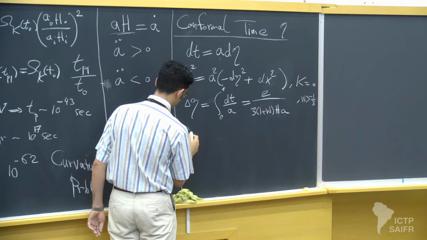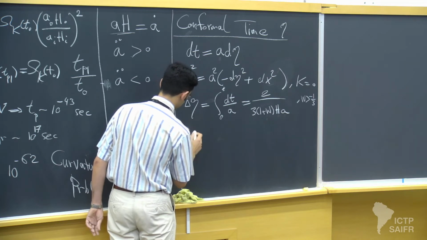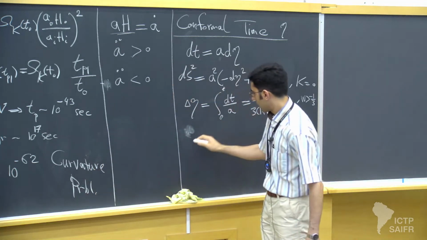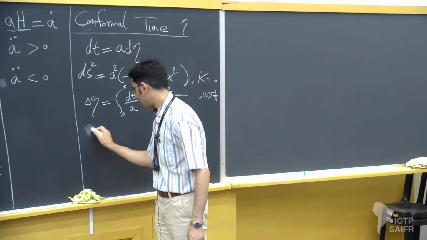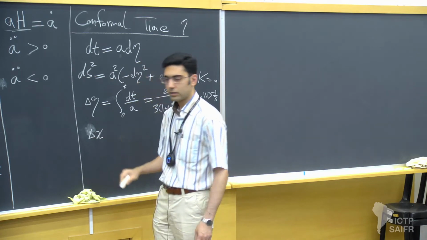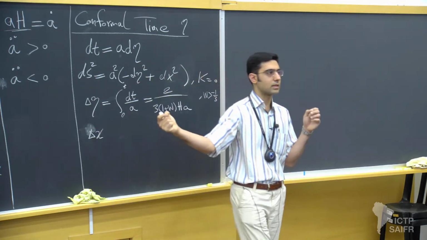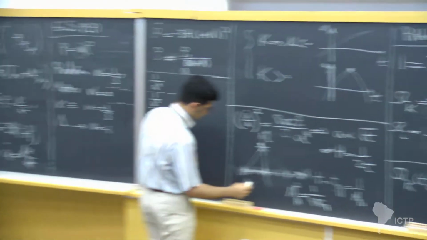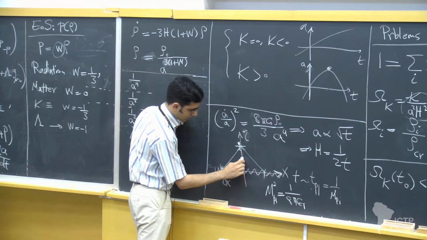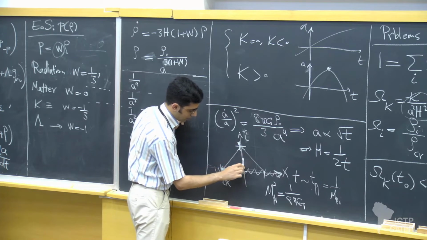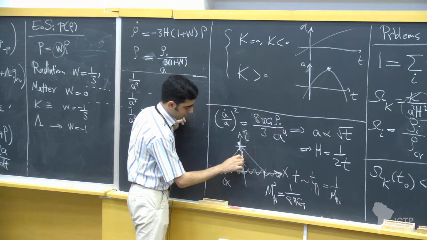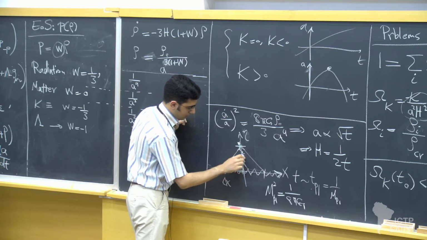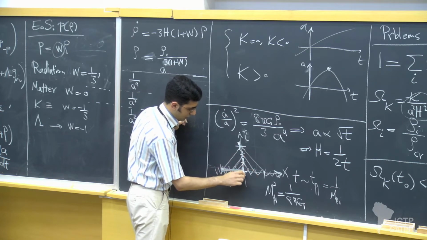The time dependence of this delta eta, which is, by the way, so let's define delta x. Delta x is the co-moving distance up to which we can see. So what experiment are we considering? We are considering observers, and then they are looking at their path, and now we are measuring this distance.